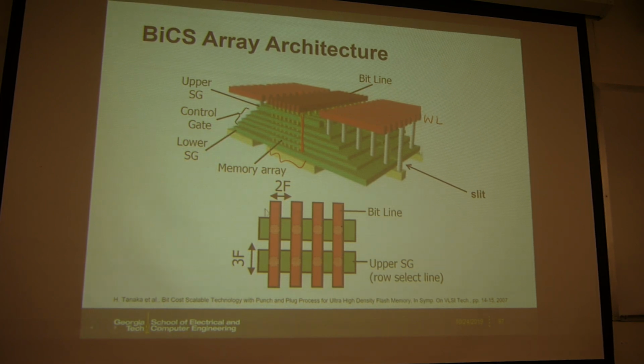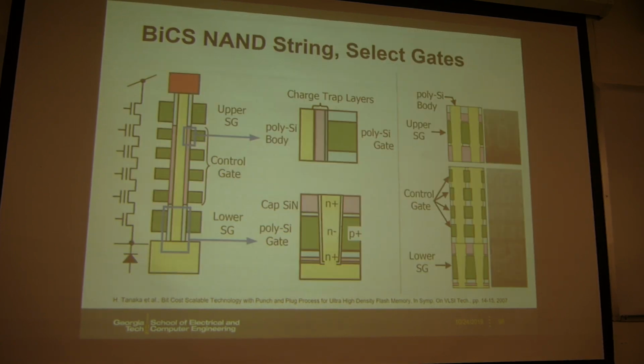So in the initial design, from the top view, it's like 3F times 2F, not very dense. But this is the initial paper, but ideally you can get 2F by 2F from the top view, each pillar. So let's look at the cross-sectional view of this pillar. Essentially, this pillar resembles a string of the NAND flash, right?